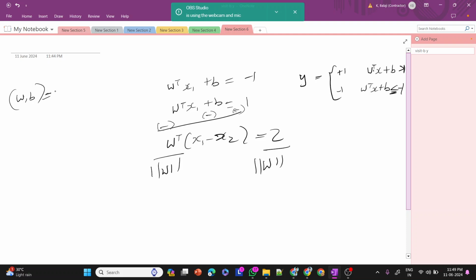To do this, we have to apply the regularization technique. This is the regularization formula. By applying this formula, we can regularize the model.